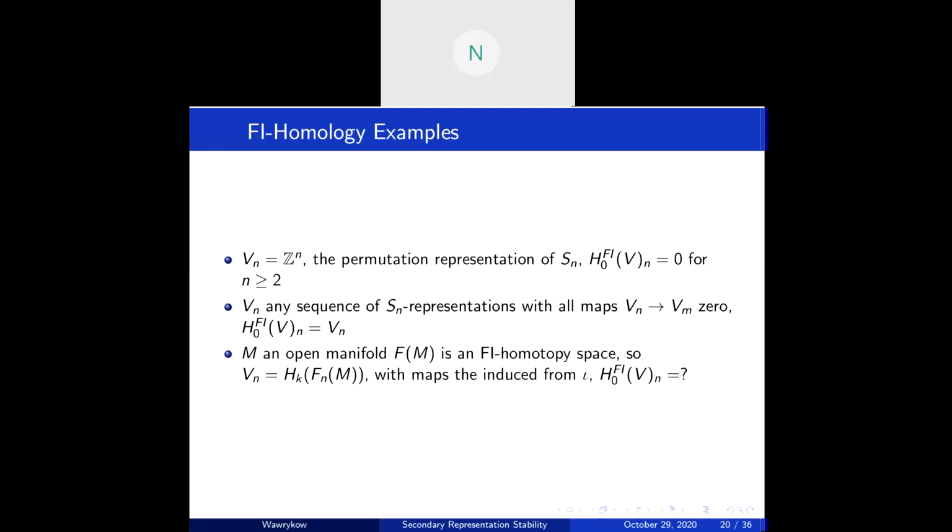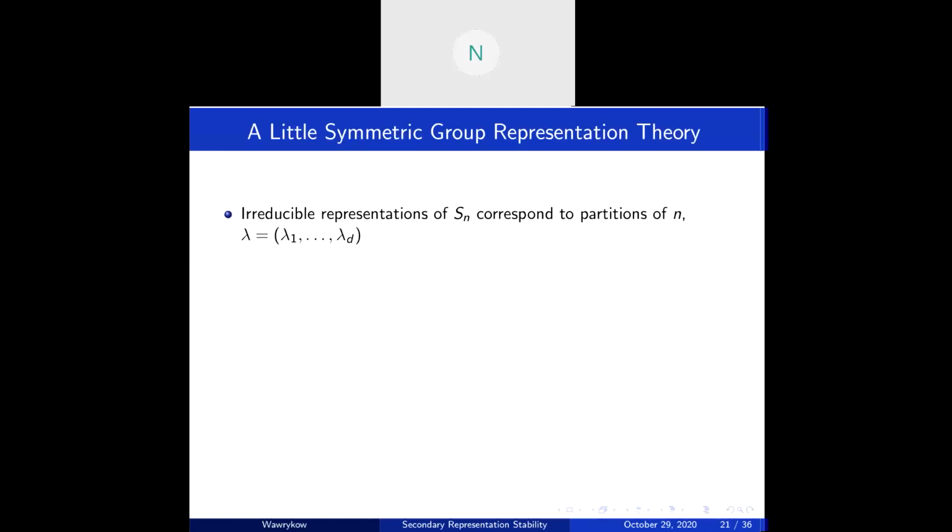Before I do that, I want to say a few words about symmetric group representation theory. Irreducible representations of S_n correspond to decreasing partitions of n. Why is this the case? Well, irreducible representations of S_n correspond to the conjugacy classes of S_n.